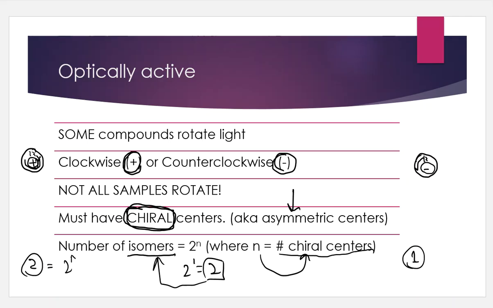All right, so 2 to the nth power is 2 squared. All right, so 2 squared, 2 times 2, 4. That means 4 isomers that it can have. So there are 4 different ways that I can take those Legos and connect them together to make something different. In the other version, 1 chiral center, there's 2 different ways that I can take those Legos, connect them to make something different.